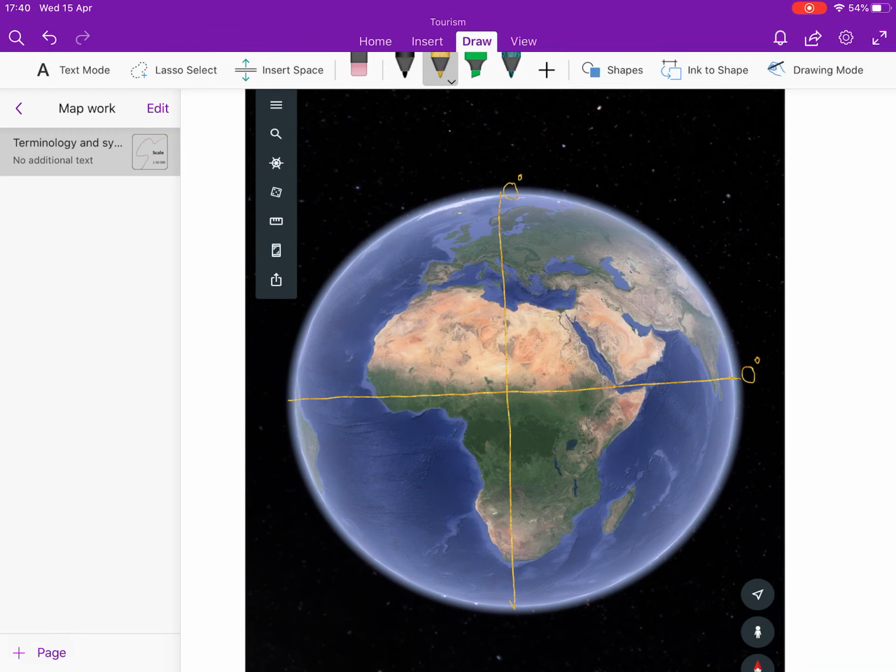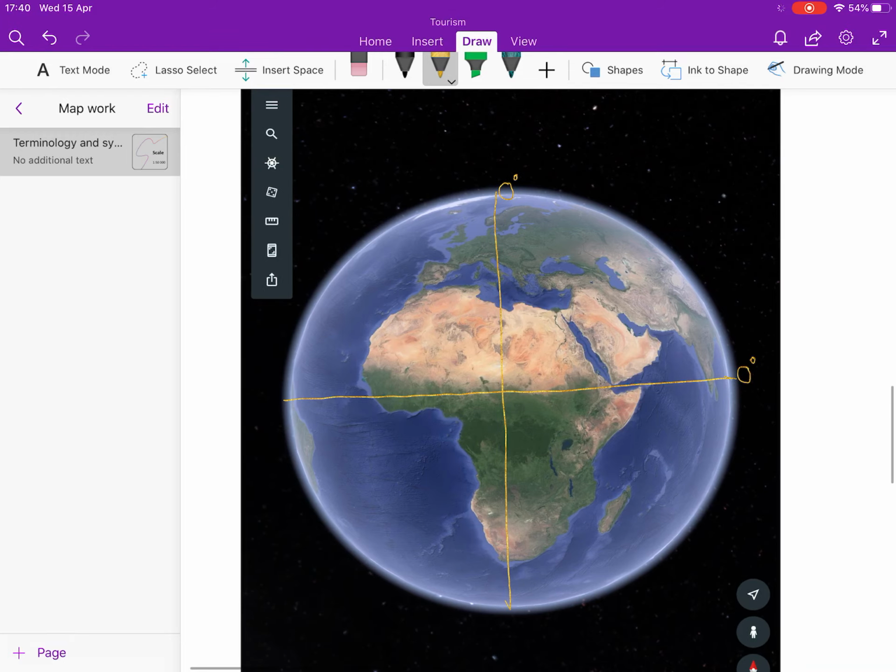Now the middle line of longitude, this one, we said is called the Greenwich meridian, but it's also got another name, and it is called the UTC, which stands for the Universal Time Coordinate.